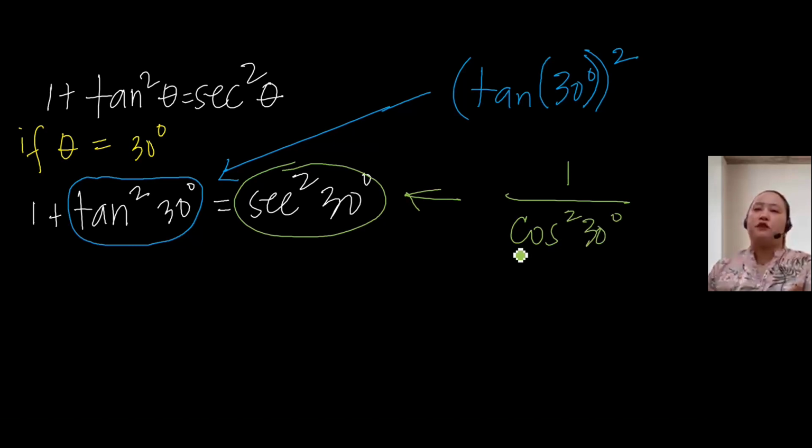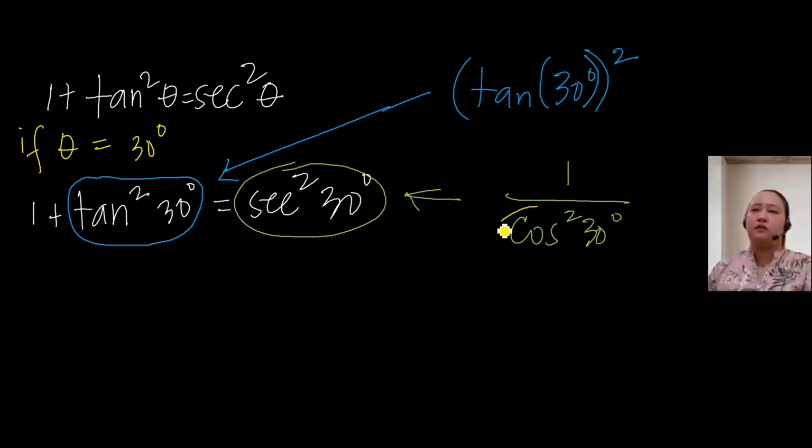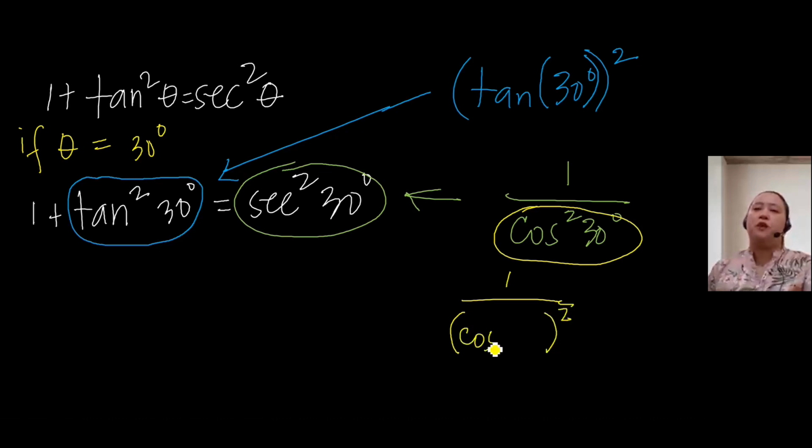In your calculator, input 1 over, then open parenthesis, because you are going to square the whole cosine 30 degrees. Press cosine, which already gives the open parenthesis, input the angle 30 degrees, and close it. That's it.